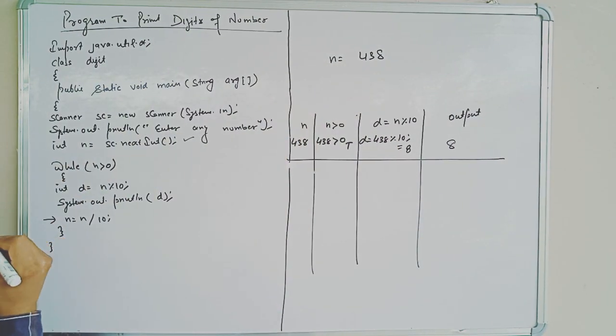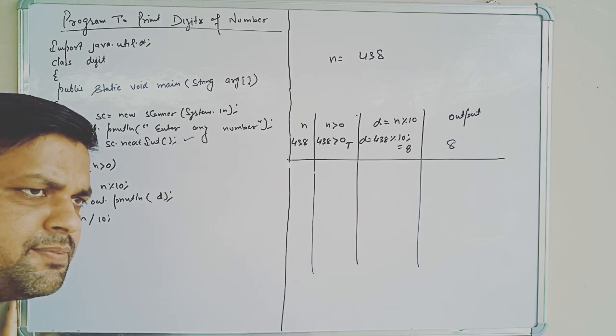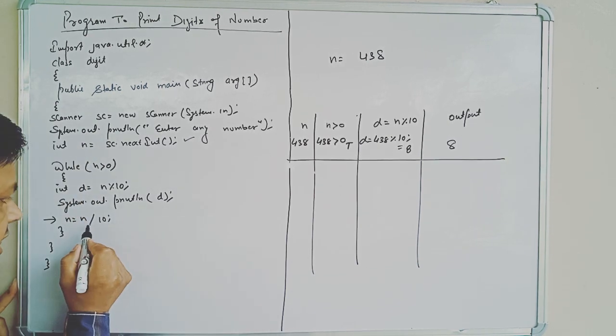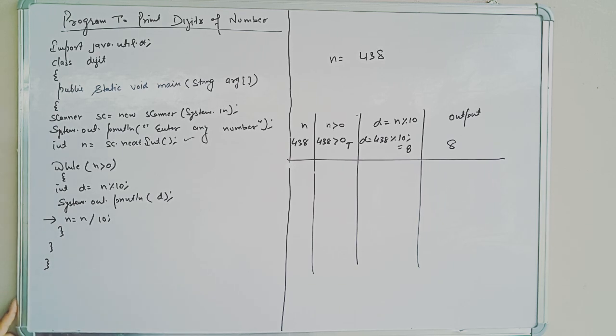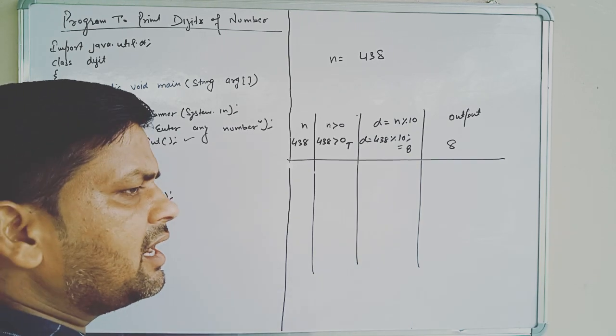Till now you have seen that we were doing updation either by i plus plus or by i minus minus. But this statement also represents the updation statement. How? n divided by 10. As I told, in the case of the division operator, it will delete the last digit.